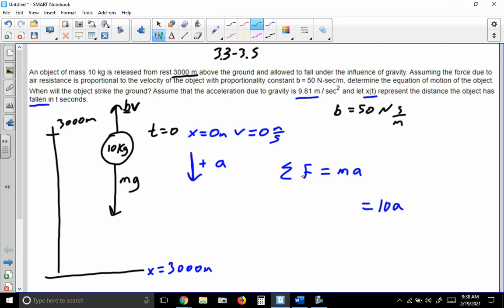On the other side, when we sum our forces, if down is positive, mg is a positive force. bv is opposite to that direction, so that's a negative force. m in our case we said is 10, g is 9.81, b is 50, and velocity is changing, and acceleration at a given moment could vary.